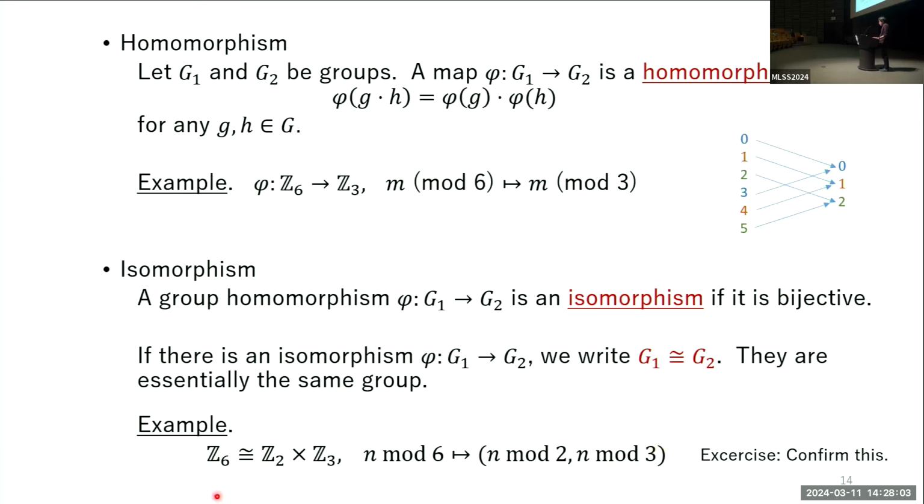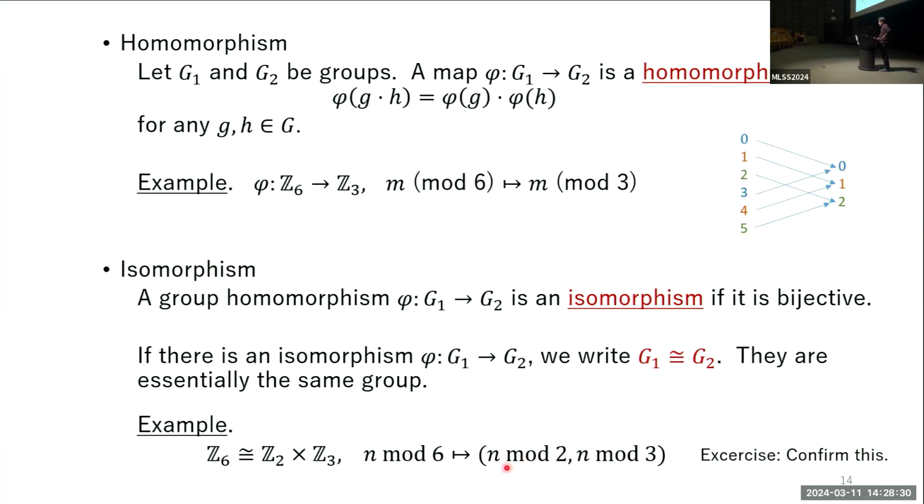Here's one example. Z6, the integers with modulo 6, is isomorphic to Z2 times Z3. This may not be very trivial, but in fact, Z6 is modulo 6, but we can take modulo 2 and modulo 3 respectively.